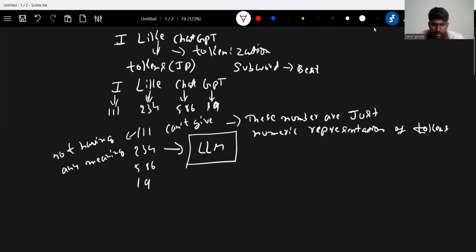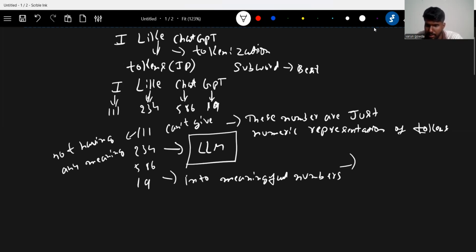We have to convert these numbers into meaningful numbers. They're just a representation; they don't encode any meaning. We have to convert these token IDs into meaningful numbers.